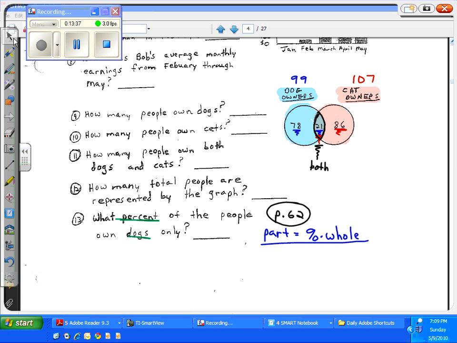And then we would say we want the name brand. It says percent dogs, so the part would be dogs. And so we would say dogs is equal to percent dogs times total people. We're talking about owners. I'm going to say owners, so it doesn't make it sound like a person's a dog.